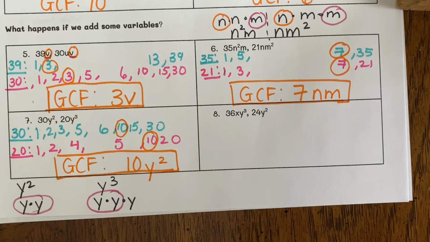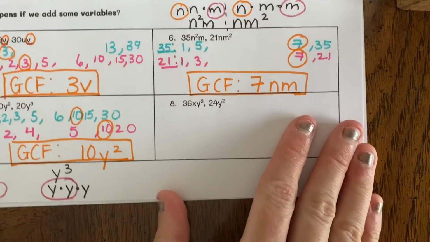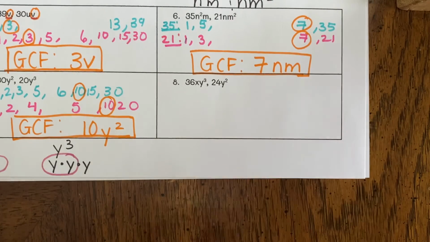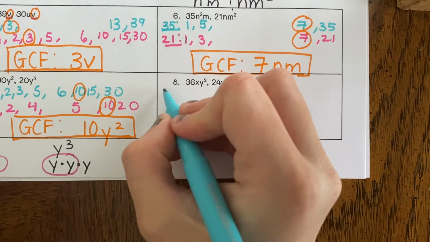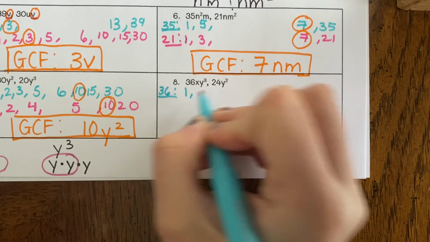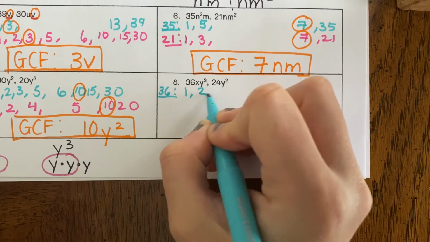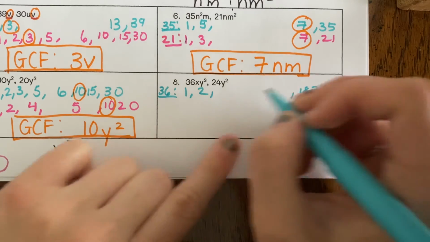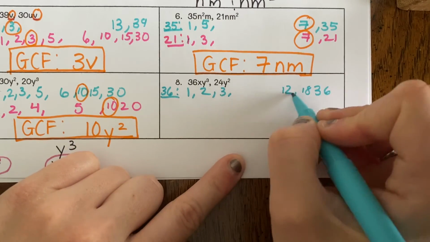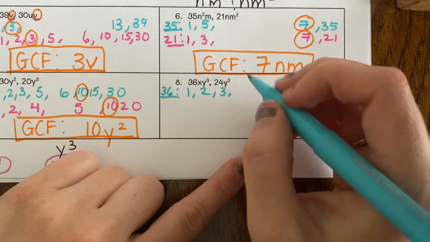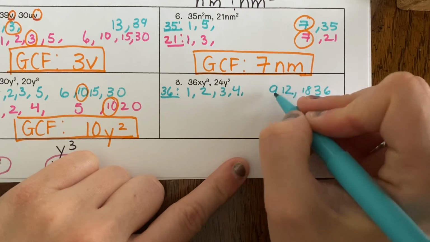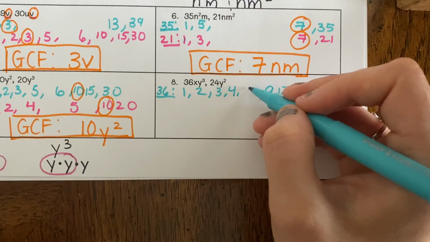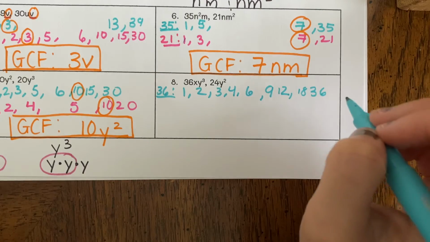Okay, and then the last one, so if we list out our factors, so I have 36, so 1 and 36, 2 times 18 gives me 36, 3 times 12, 4 times 9, and then of course 6 times 6 is 36, right?